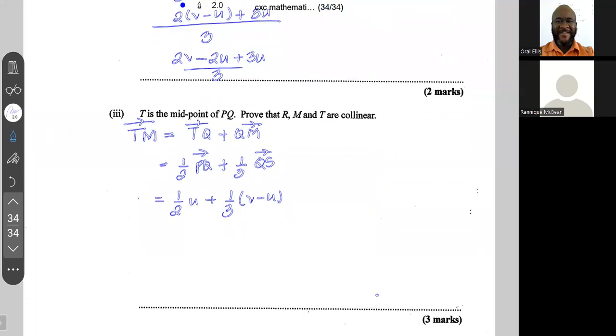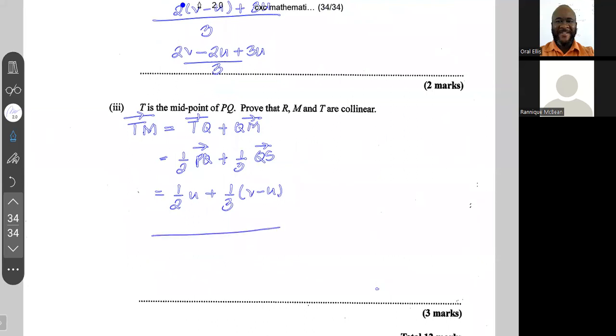The LCM here is 6. And we're trying to prove that T, M, and R are collinear. 2 into 6 is 3. 3 times U is 3U. 3 into 6 is 2. 2 times V minus U, distributive law. 3U plus 2V minus 2U over 6.